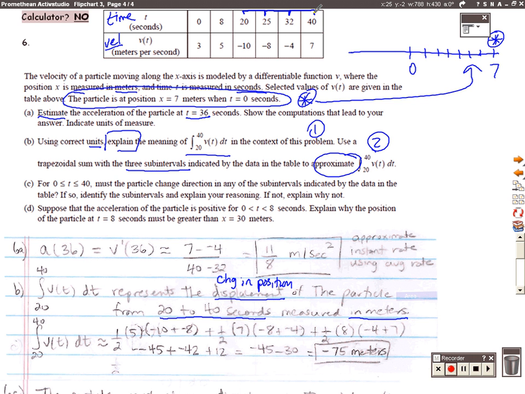In other words, from 20 to 25 is 5, from 25 to 32 is 7, and 32 to 40 is 8. So this is one of those cases where I have to set up an area problem for each of the 3 trapezoids.